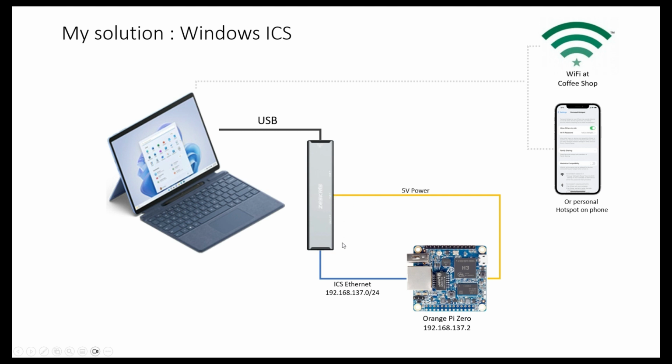on it for power and an Ethernet jack on it, and those I connect to the Orange Pi Zero. So USB just to power the Orange Pi Zero, and then Ethernet to connect to the networking on the Orange Pi Zero. I'll show you setting up the Internet Connection Sharing, but what it does is set up a network on the 192.168.137.0 subnet.